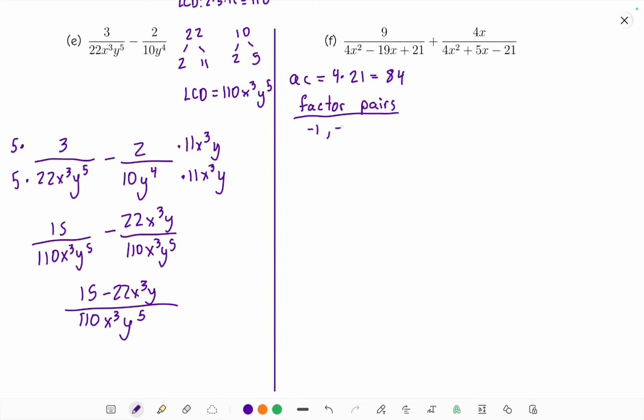So negative 1, negative 84, negative 2 and negative 42, negative 3 and negative 28, negative 4 and negative 21. 5 doesn't go into it. 6 does.